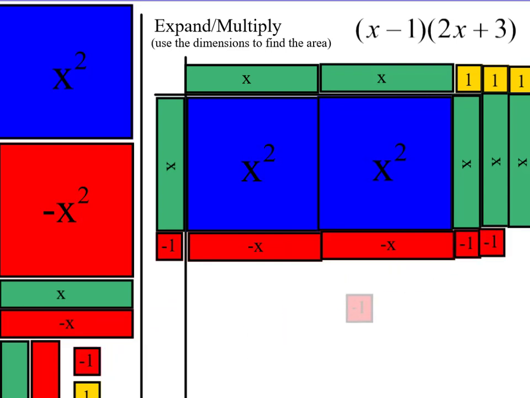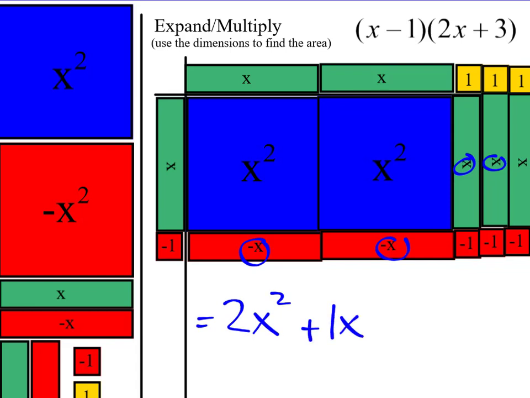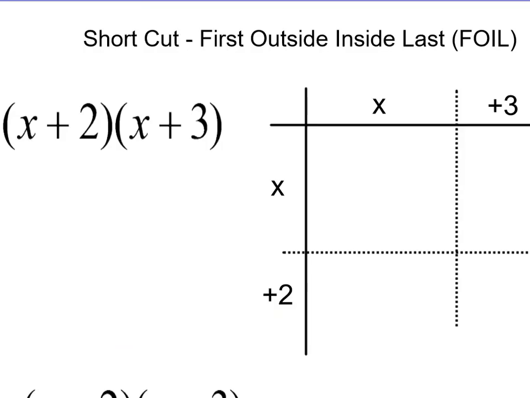Okay, so now let's finish up. Let's see what zeroes out. So I have 1, 2. So those guys will zero out. So I'm left with 2x squared plus 1x minus 3. And that's how we can do distributive property with binomials.